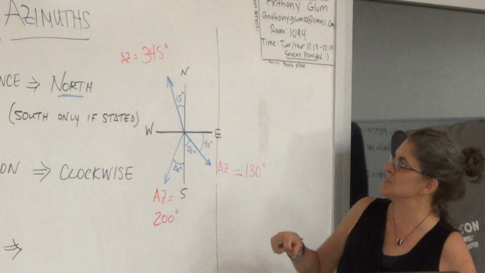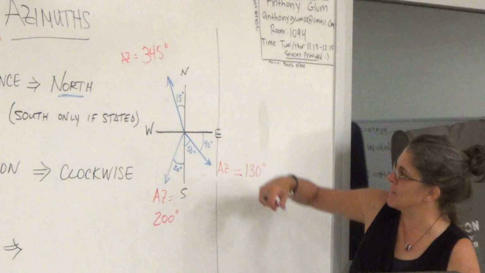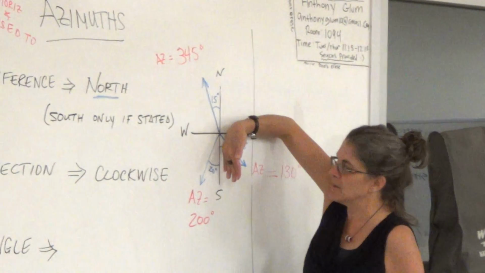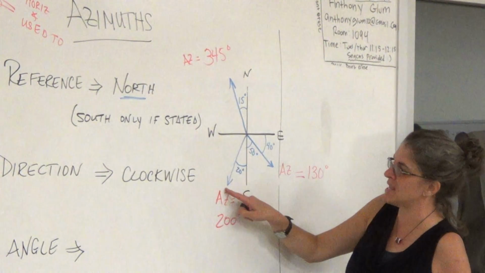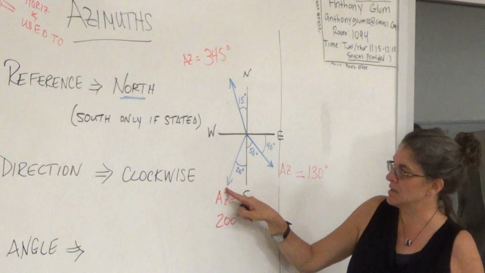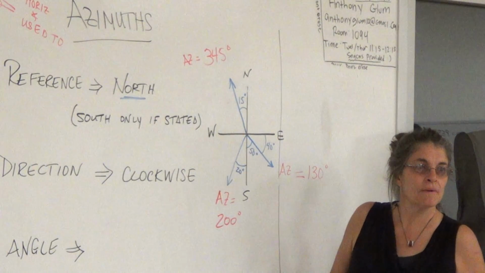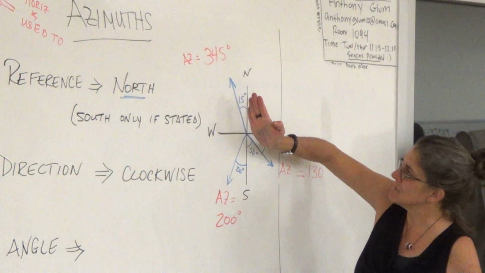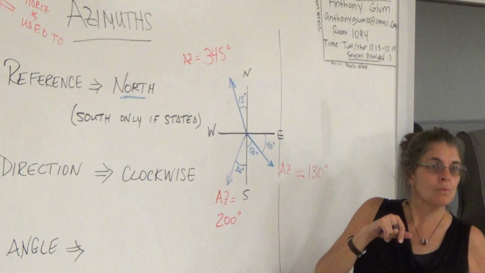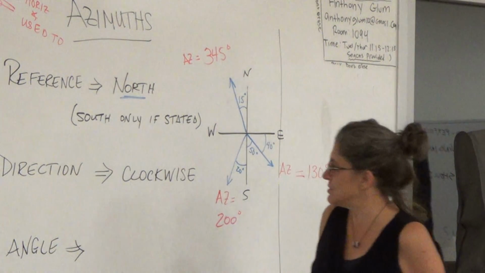But if we did, my reference would be here, right? And I'm still going clockwise, so what would be the south azimuth of this? 20 degrees. What would be the south azimuth of this? 165.